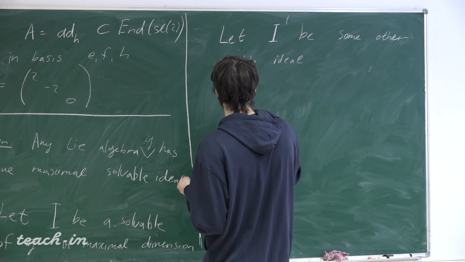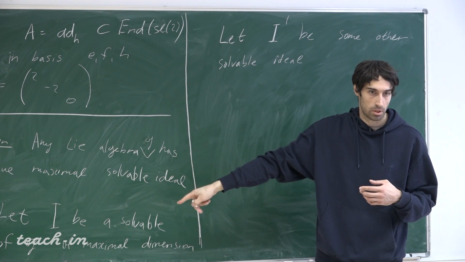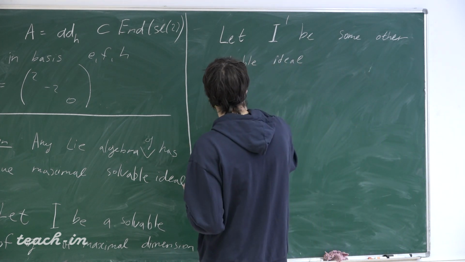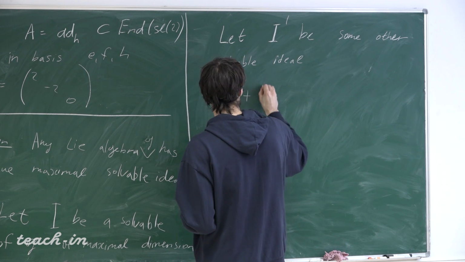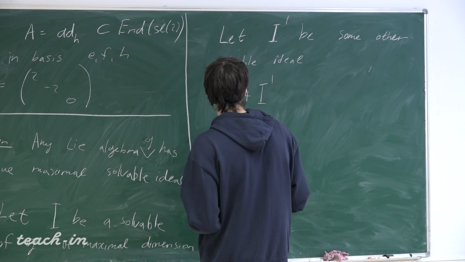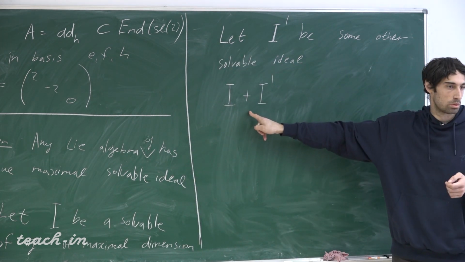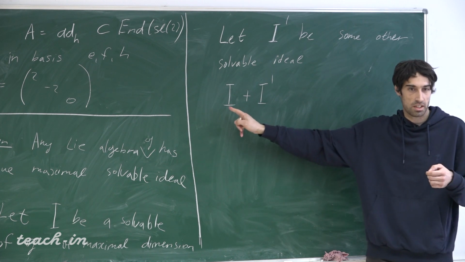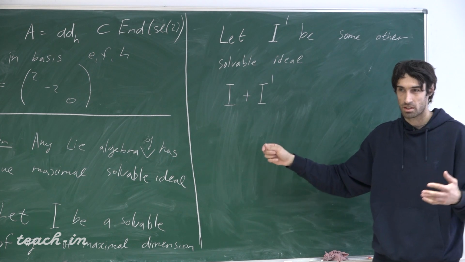Then I would like to see that it is inside I. Okay. For that, let me consider I plus I prime. I would like to see that this one is solvable too. But it contains I, so therefore it should coincide with I. Right? So that's the trick.